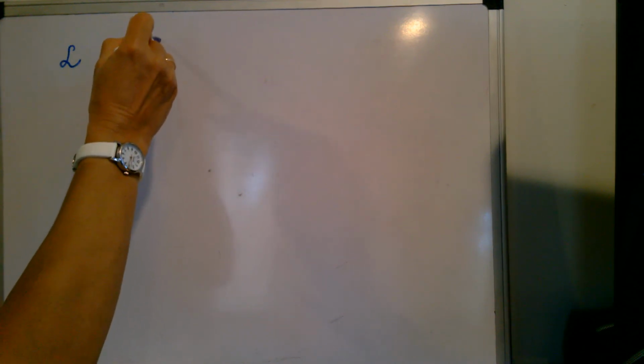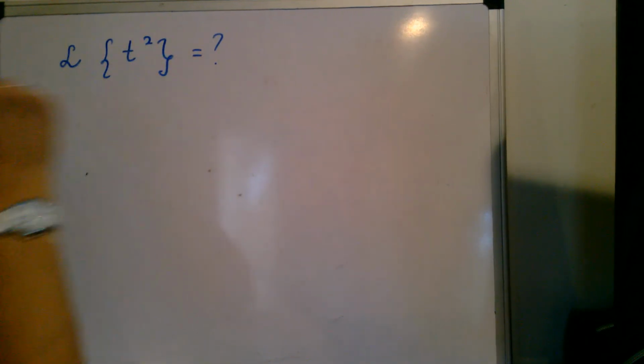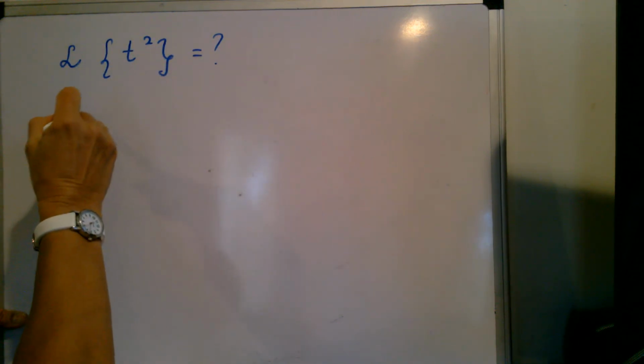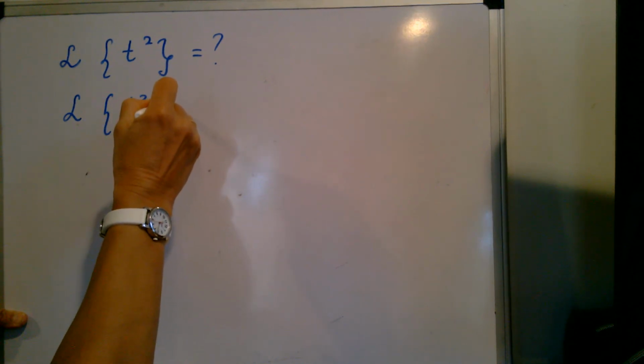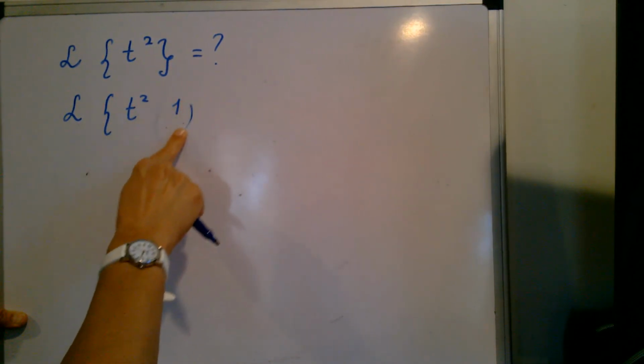So find the Laplace transform of t squared. What is the Laplace transform of t squared? You know what the Laplace transform of t or of 1 is. What I'm going to do, guys, is represent the Laplace transform of t squared as t squared multiplied by 1.